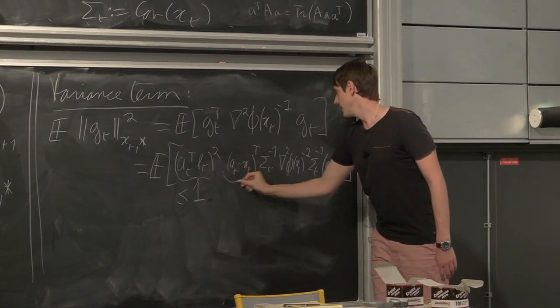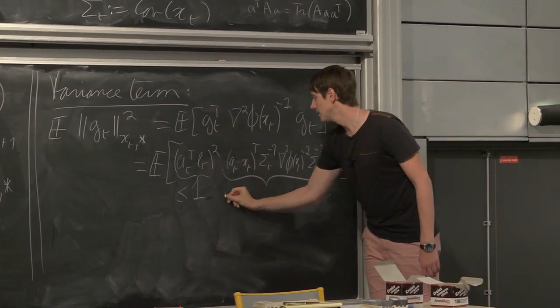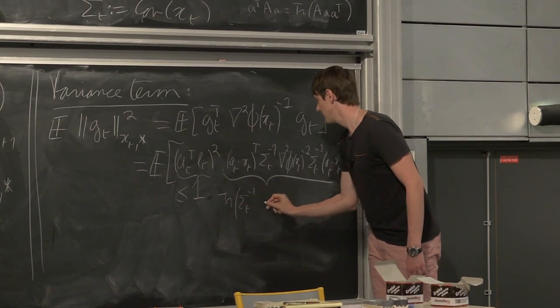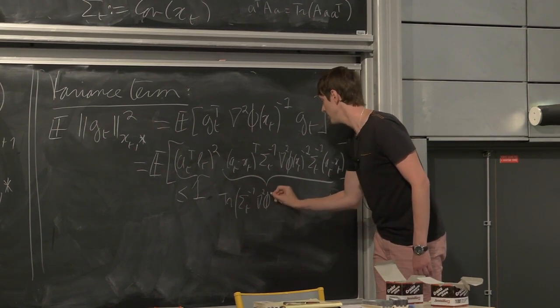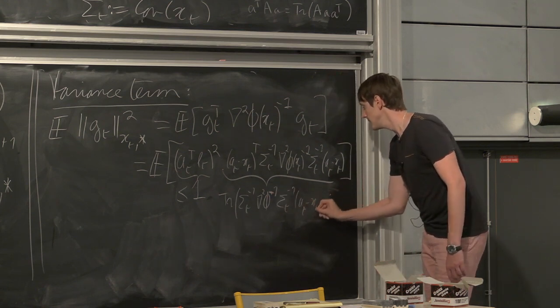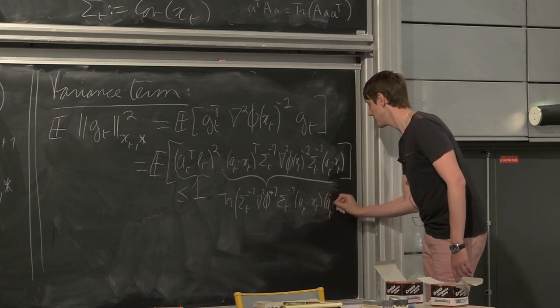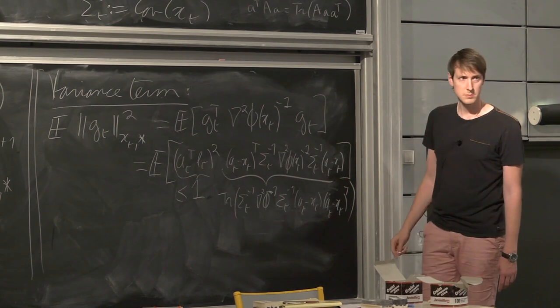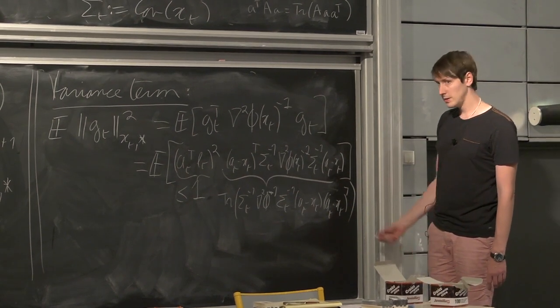So what is this thing? This is the same thing as the trace of sigma t inverse, Hessian phi inverse, sigma t inverse applied to (a_t minus x_t)(a_t minus x_t) transpose.